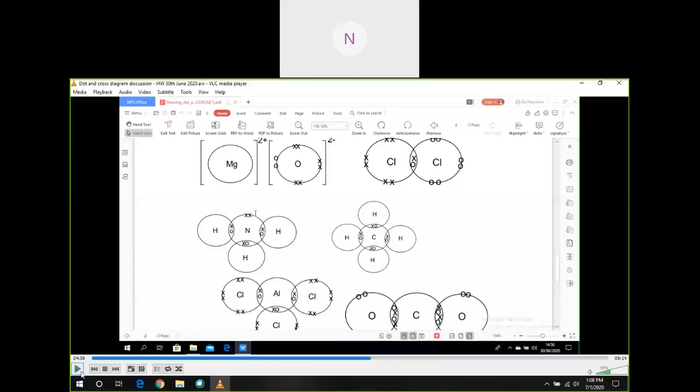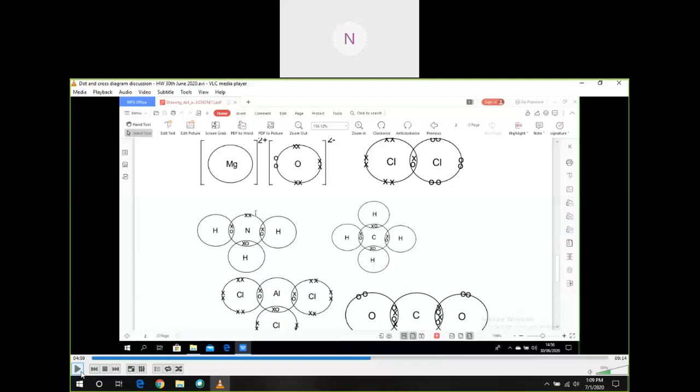It is preferably different, because if different, we are able to know which chlorine this cross comes from and which chlorine the other comes from. So it has to be different, to show that they are sharing electrons.